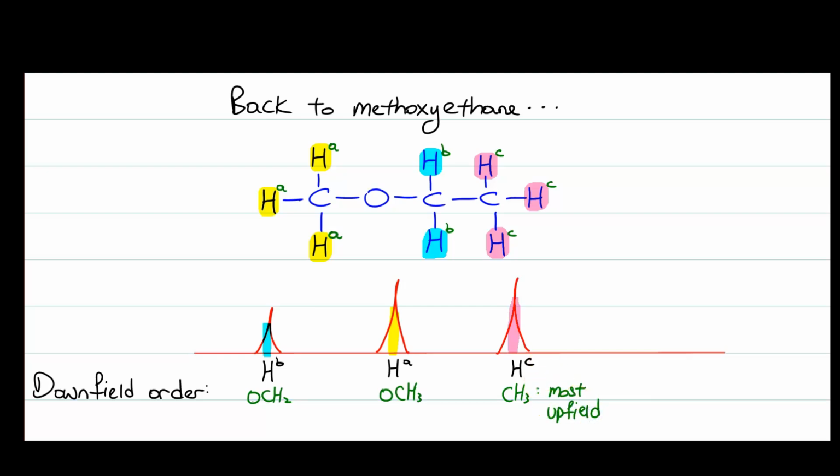The 2 proton environments near oxygen are both pushed downfield because oxygen is electronegative. Of those 2, the OCH2 signal is usually slightly more downfield, simply because OCH2 is more substituted than OCH3.